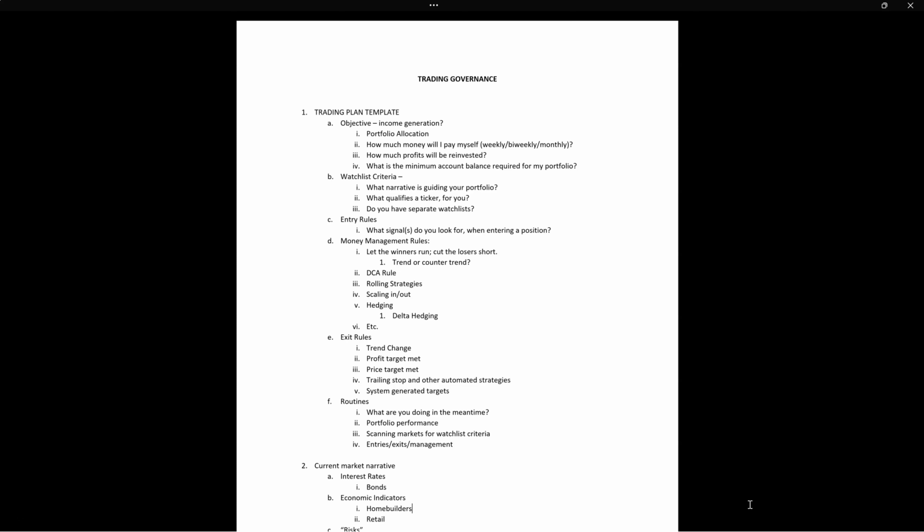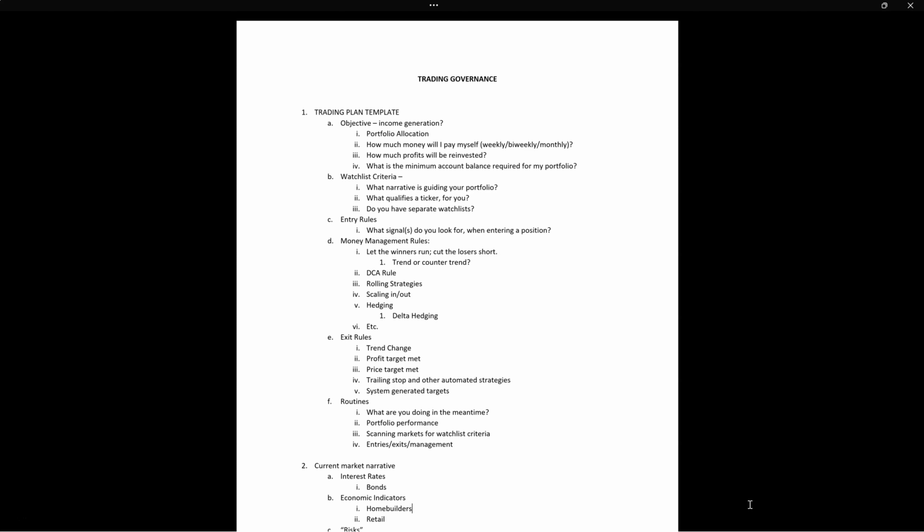You may have a trading plan that's governed by whatever the current market sentiment or narrative is, like, okay, increasing interest rates. You know what I'm saying? So maybe your entire watch list criteria is based around that narrative: who benefits and who doesn't benefit, how can I hedge, and so on.